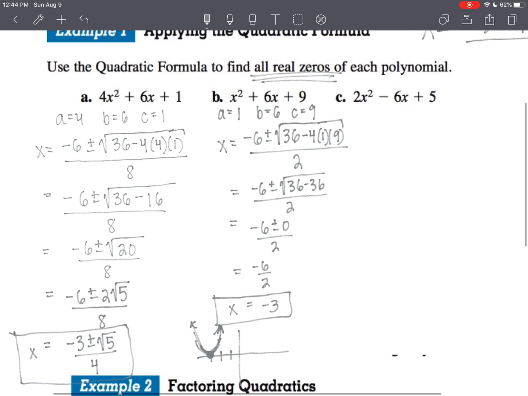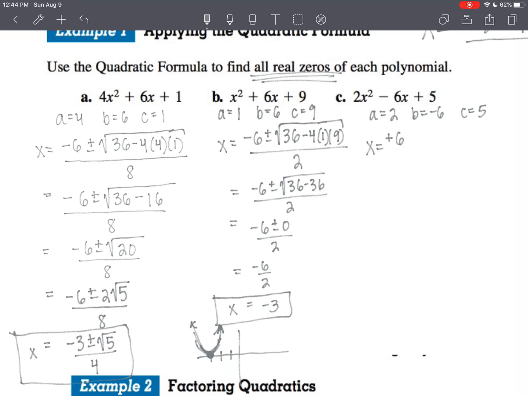Okay, 2x squared minus 6x plus 5. A equals 2, B equals -6, and C equals 5. Okay, you go ahead and try this. See if you can get the answer that I'm going to work down to. So press pause or just work ahead.